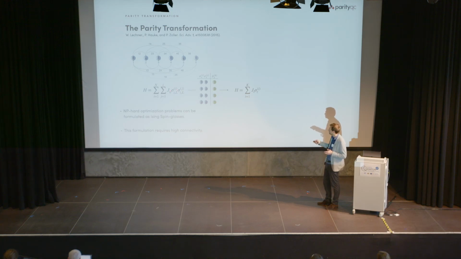Because here you have the product, which means a pair interaction becomes a single qubit operation. And so physically, this is already, I think, the main idea of the whole thing. This is really not just a mathematical transformation, there's really physically something going on.